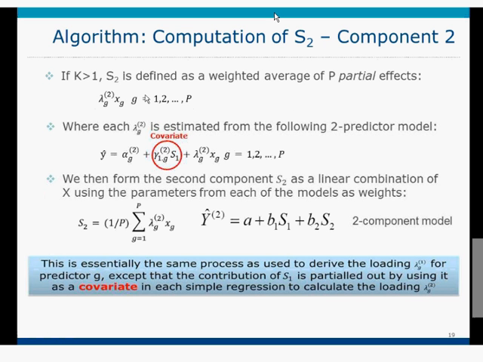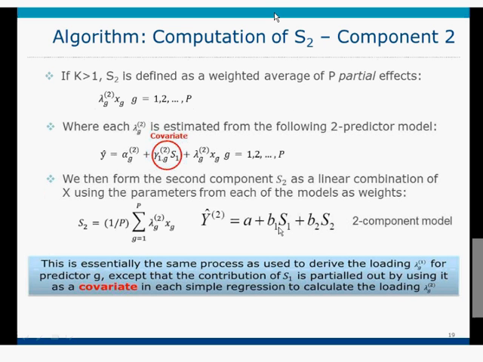So we now have two predictors in the model. So we compute lambda G2 as the partial regression coefficient controlling for S1. And we use those as the weights for the xg, and that gives us the S2. So then we have S1, which we computed before, and now we have S2 also. And we do least squares regression to get A, B1, and B2. And that gives us the predictions for the two-component model.